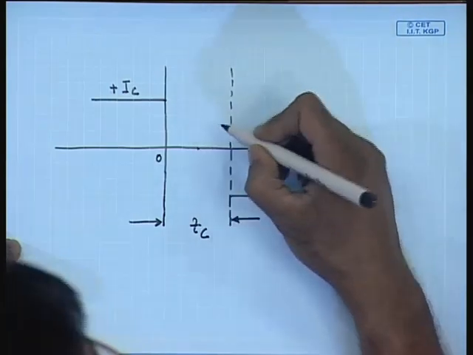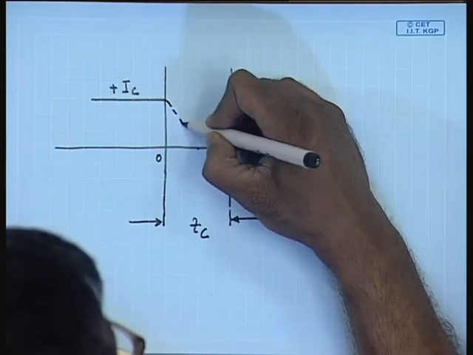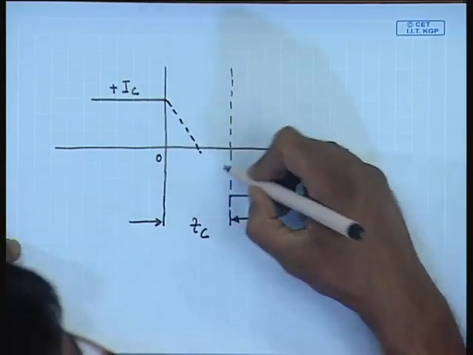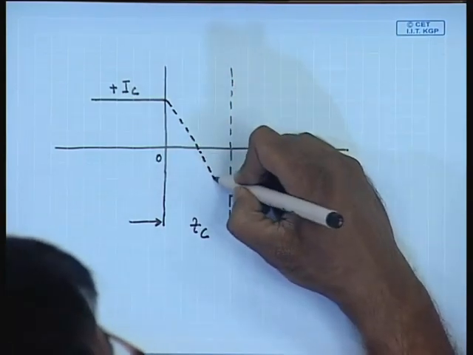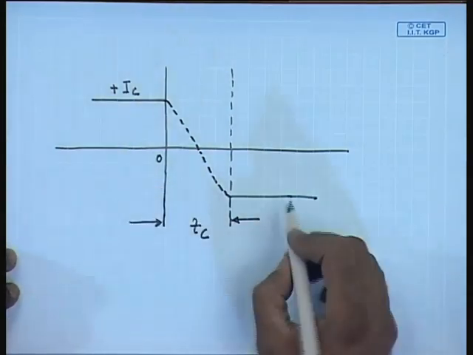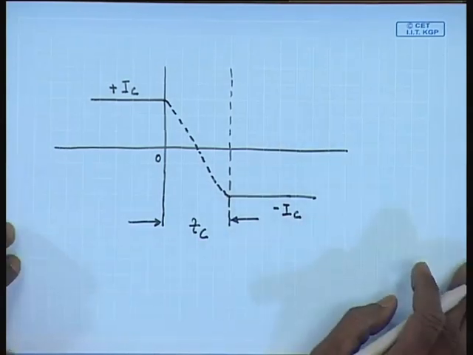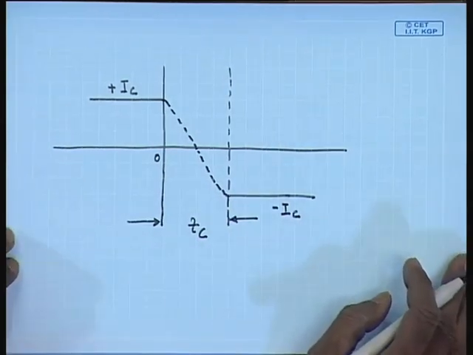Ideally, we would like the current to change linearly at a constant rate from plus Ic to minus Ic. This is called the ideal commutation characteristic, but in practice it is never so.